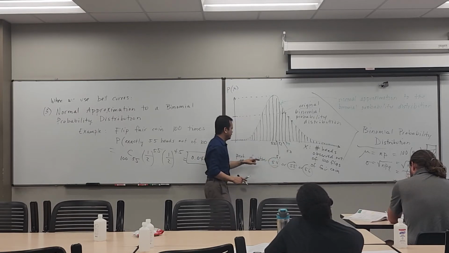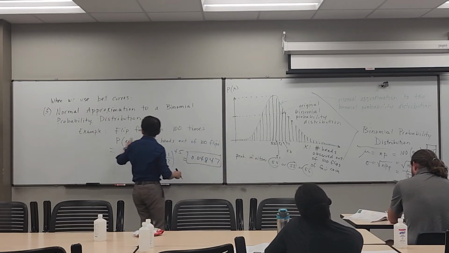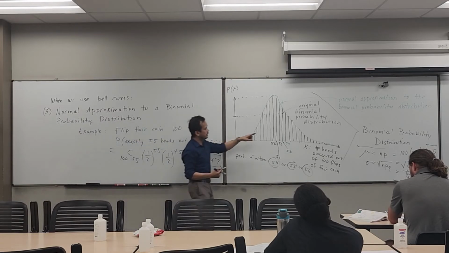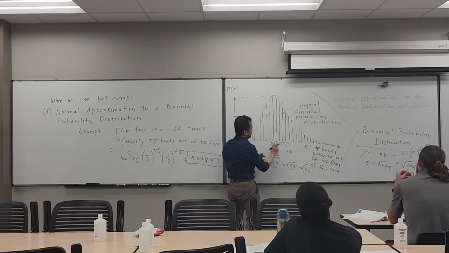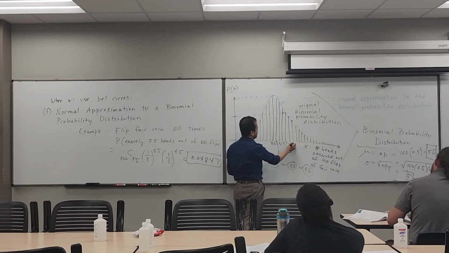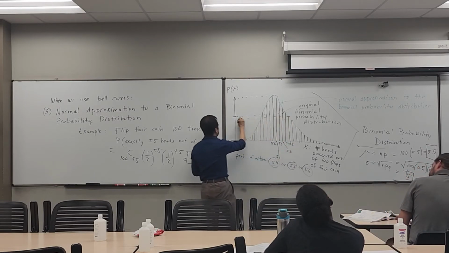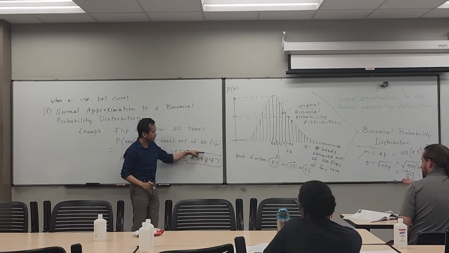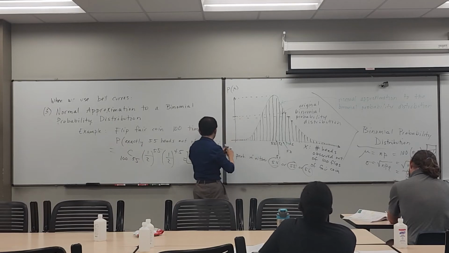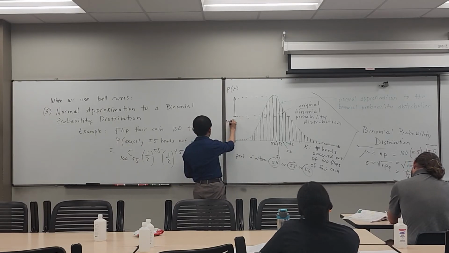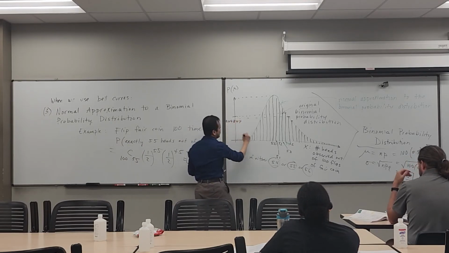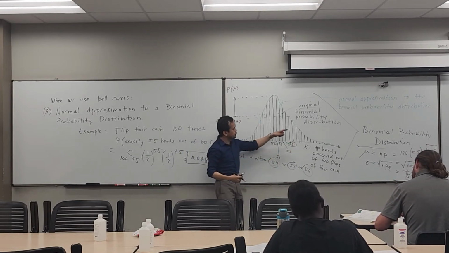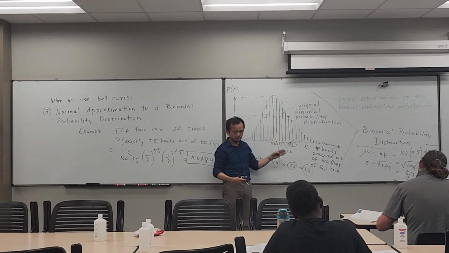So now, in the previous question, if we want the probability of exactly 55 heads in the original problem, we're just finding the height of the bar at 55. That corresponds to finding this exact number using the formula. We found that exact number, so the height of this bar at 55 is 0.04847. This is at 55 heads, and that's finding the probability using only the black distribution that is discrete.